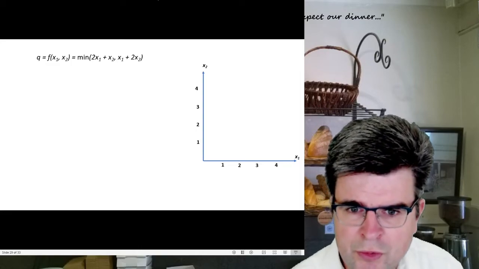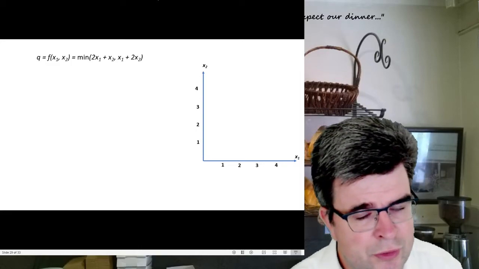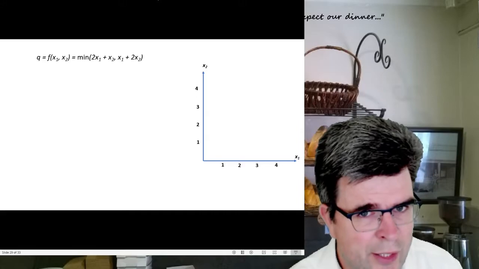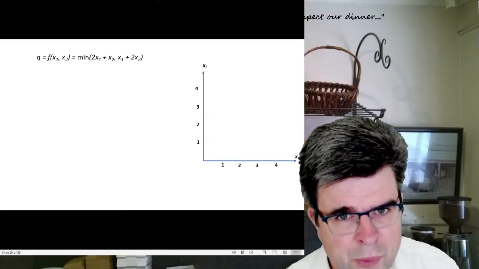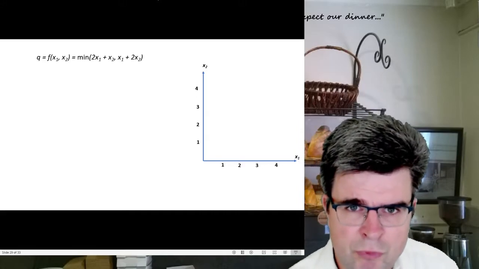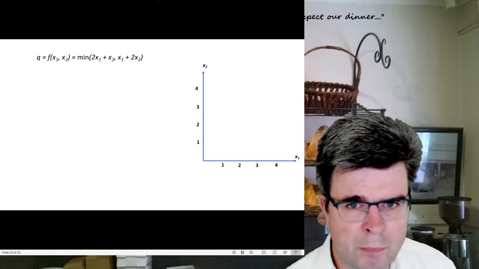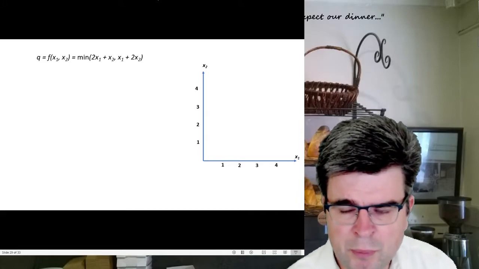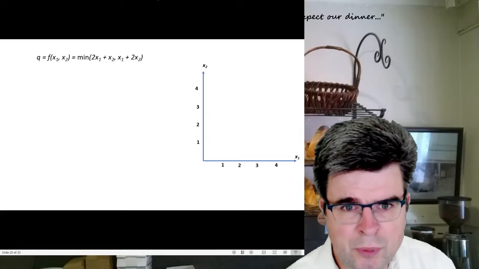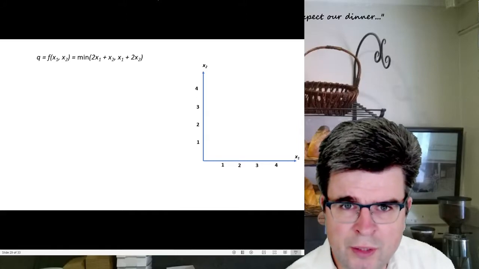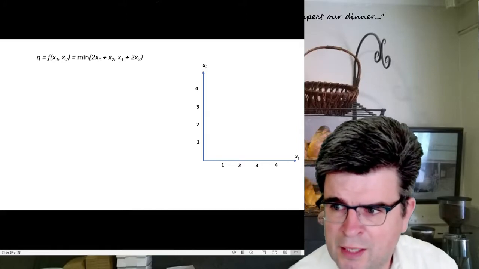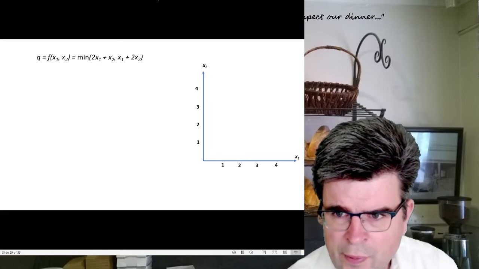Well, we have a production function, and a first idea that you may have is why not draw some isoquants in order to get some feel for this particular production function. And that is what we will do. With isoquants, you have the production factors on the x and the y axis, in this case x1 and x2.